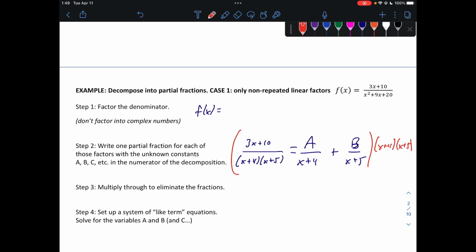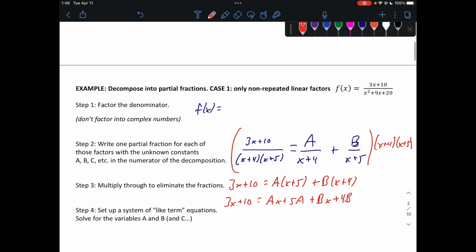Then the denominator on the left side cancels out. We're left with 3x plus 10 equals a times, the x plus 4's cancel, so x plus 5, plus b times the x plus 5 cancels, times x plus 4. Simplifying that, we get 3x plus 10 equals ax plus 5a plus bx plus 4b.